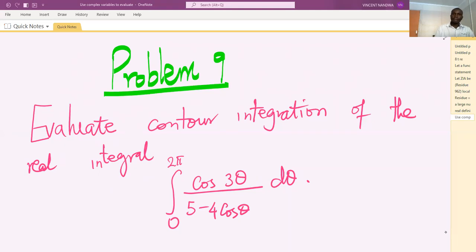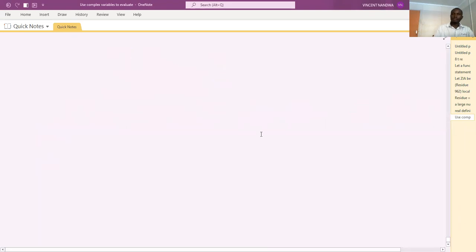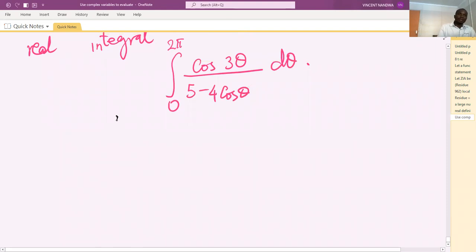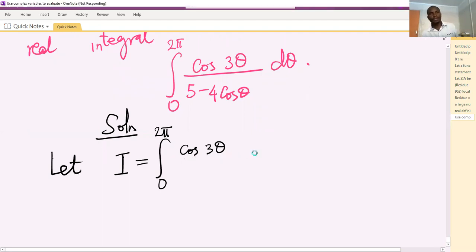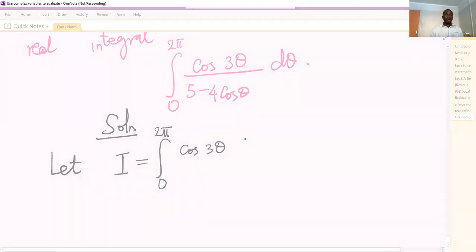So we'll say, solution: let I be the given integral from 0 to 2 pi of cosine of 3 theta divided by 5 minus 4 cos of theta d theta. So let's call that one I.